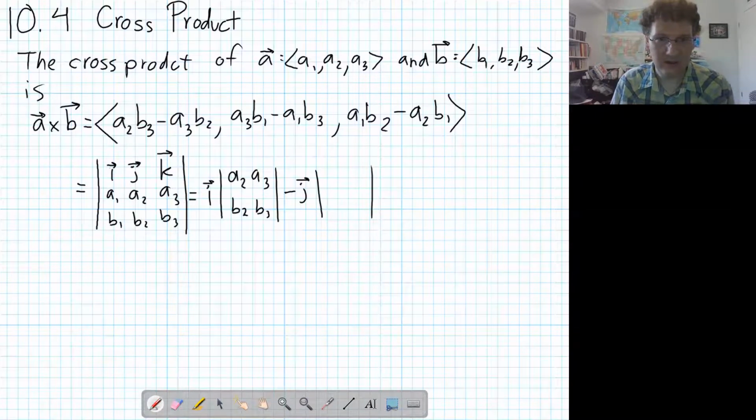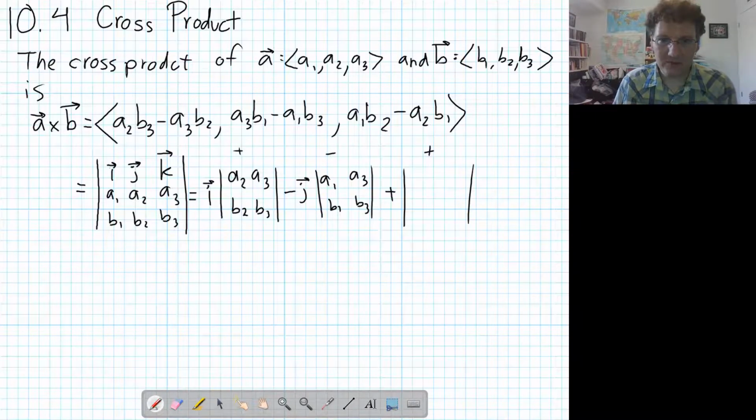So that's going to be A1, A3, B1, B3, then plus. So notice the sign change. This is plus, minus, and then plus for the third one. And then we've got the submatrix you get when you take away the first row and the third column. So it's A1, A2, B1, B2.